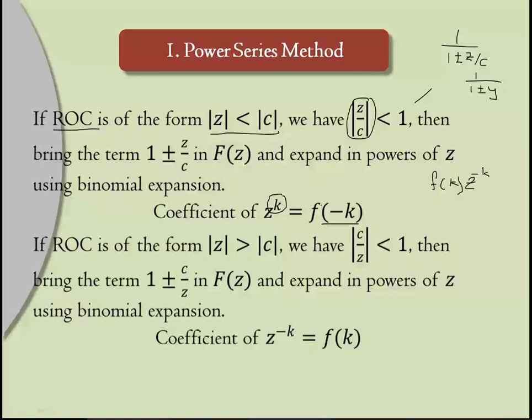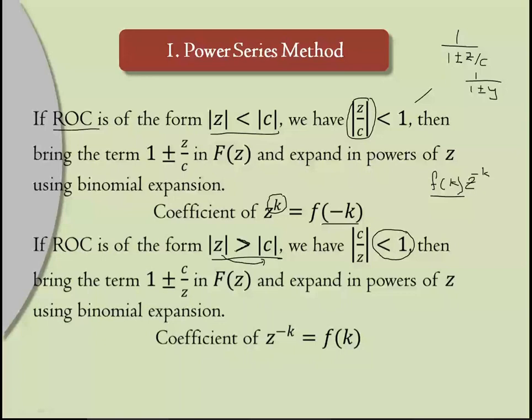Now, if the region of convergence is of the form mod z greater than mod c, then again try to bring the term which is less than 1. To get less than 1, we take this z to the other side. By that, we get the term which is less than 1.